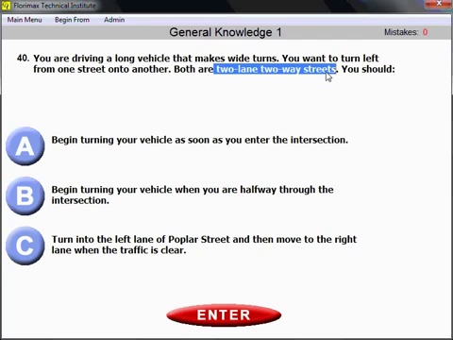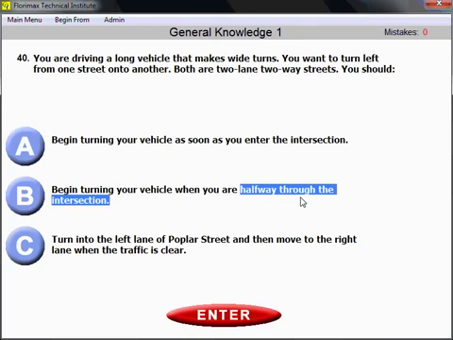What should you do? Please remember, it's a very wise way to do turns in real life. Halfway through the intersection. For a left turn especially, you need to pull your vehicle forward until you get to the center of the intersection. It's called halfway through the intersection, and only then you begin turning your vehicle.